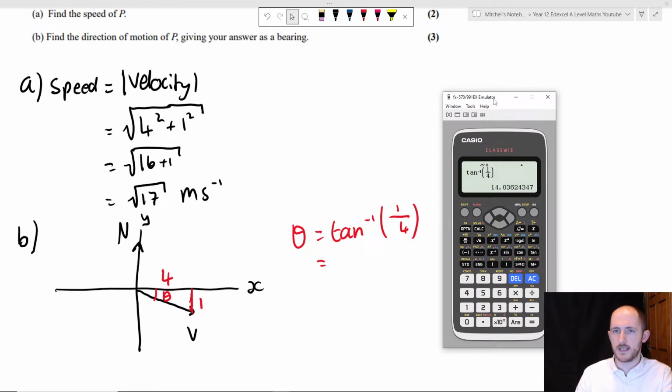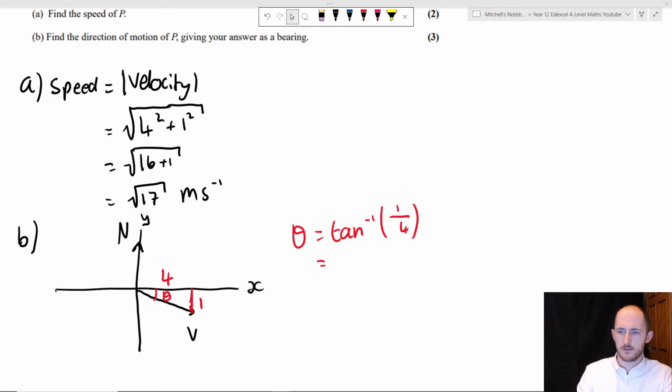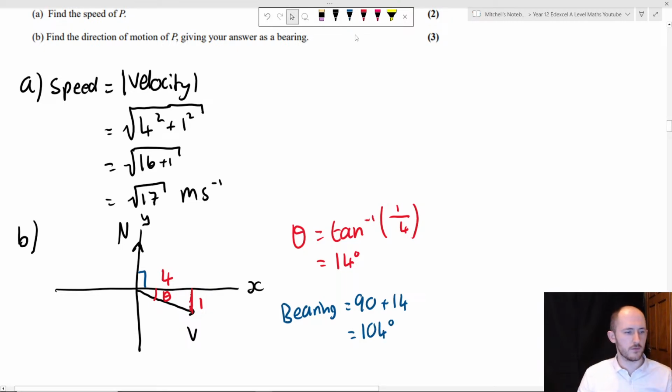Which is 14 degrees. Which means the actual bearing now, you have to add on the 90 degrees here. So 104 degrees. Okay.